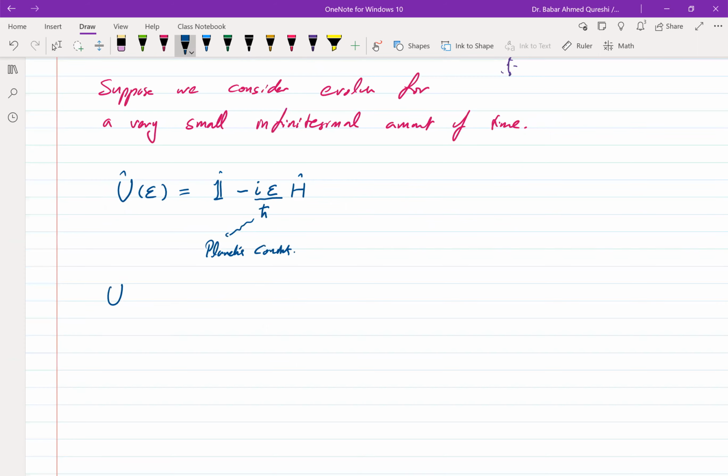But I want it to be unitary. So what does this condition imply?